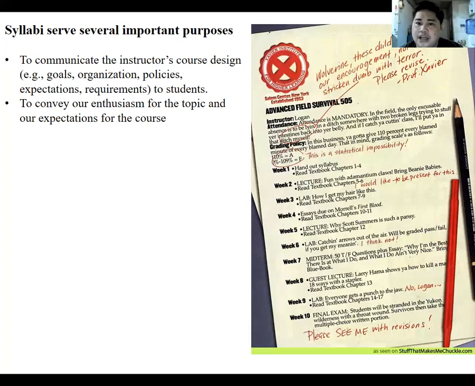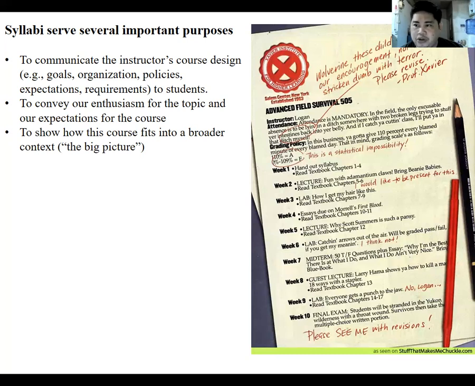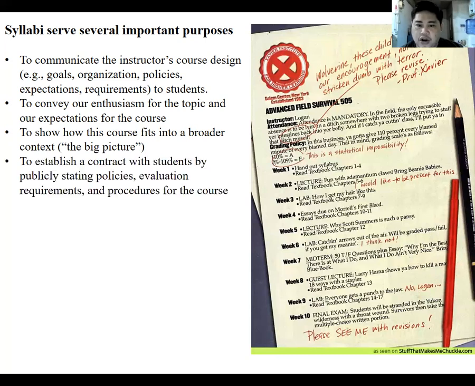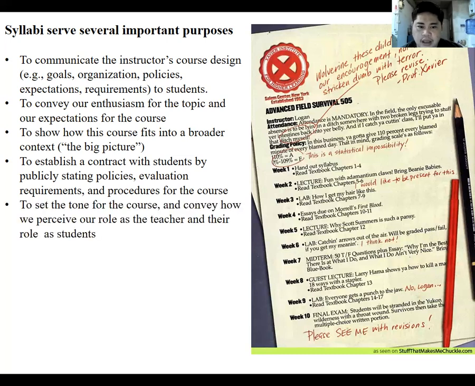Next is to convey our enthusiasm for the topic and our expectations for the course. Next is to show how this course fits into a broader context or the big picture. Then to establish a contract with students by publicly stating policies, evaluation, requirements, and procedures for the course.